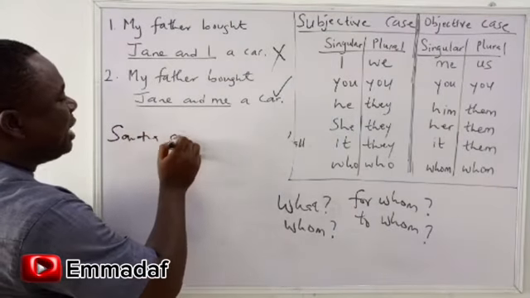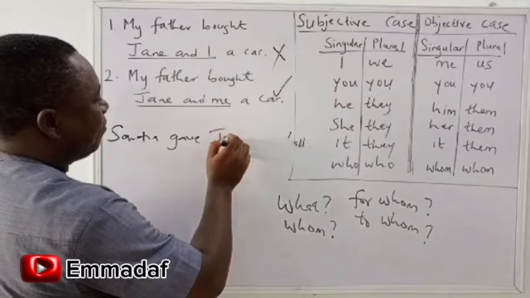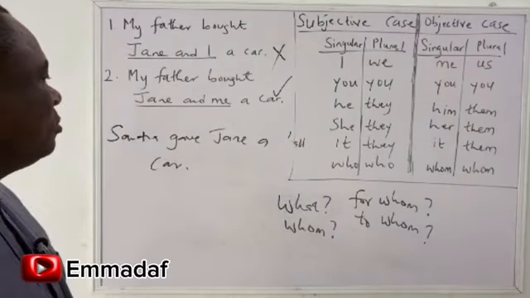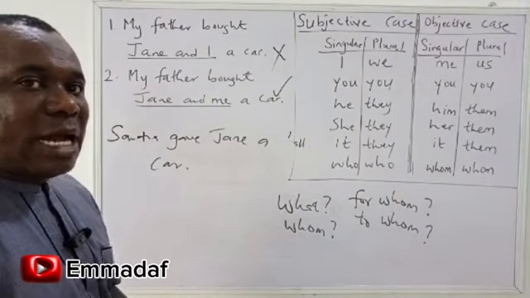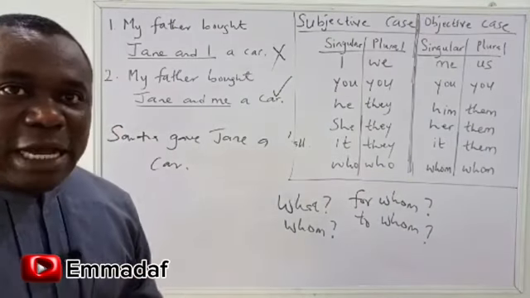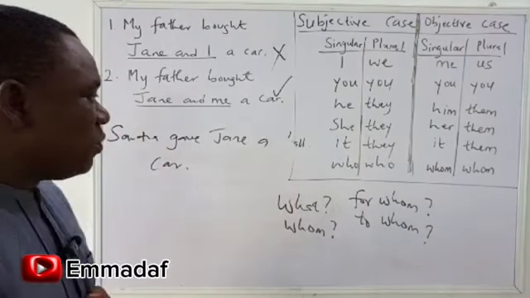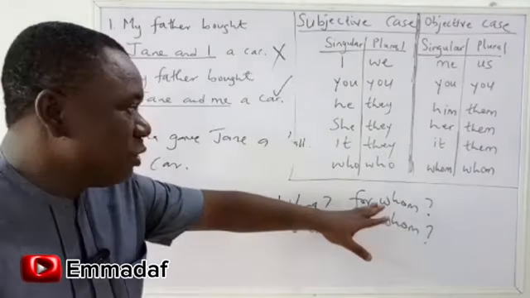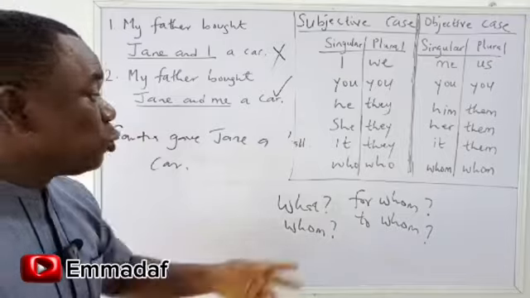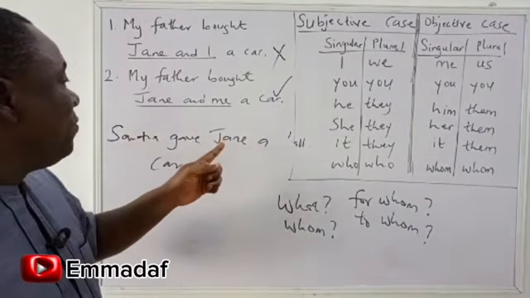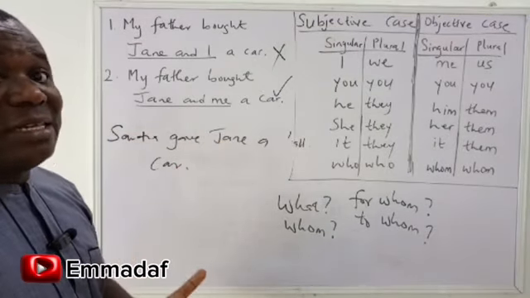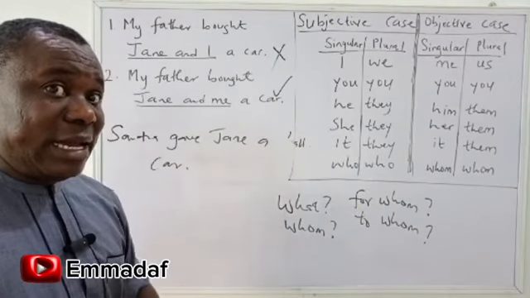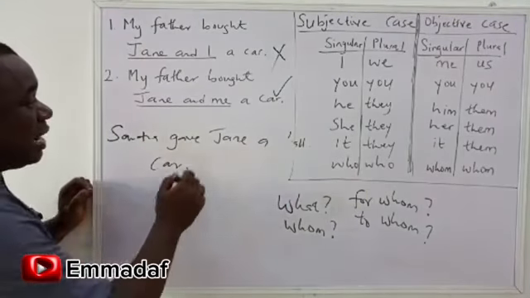Sandra gave Jane a car. I'm searching in this sentence for the indirect object. So I ask, to whom? Because for whom is not applicable here. To whom did Sandra give a car? The answer is Jane. She gave a car to Jane.